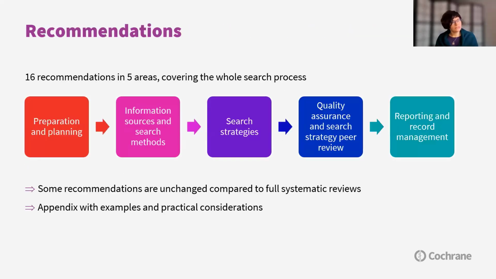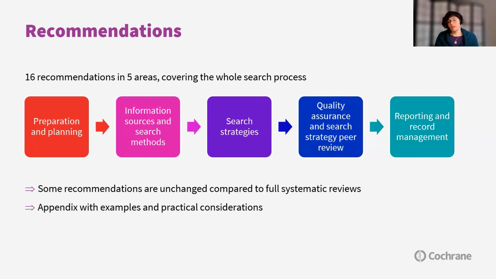Our recommendations cover the whole review process. We separated them into 5 areas. As you will see, some recommendations really do not differ from full systematic reviews, but we felt it was important to not only pick the things that are different, but to present the complete search process.